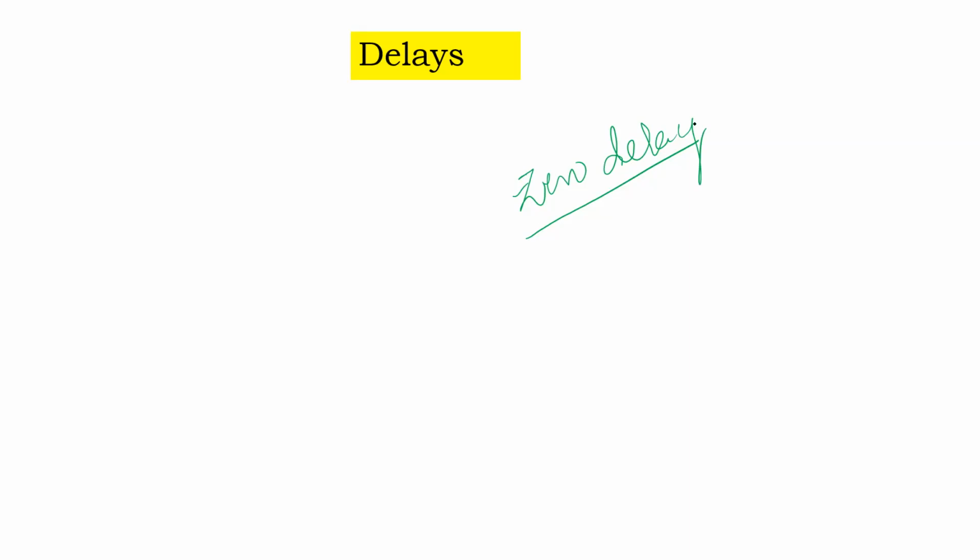At that moment, we can give some delay in the second clock also. Then the clock takes some time to be sensitized, either edge triggered or level triggered, so that meanwhile the output of the first circuit can be fed to this one.